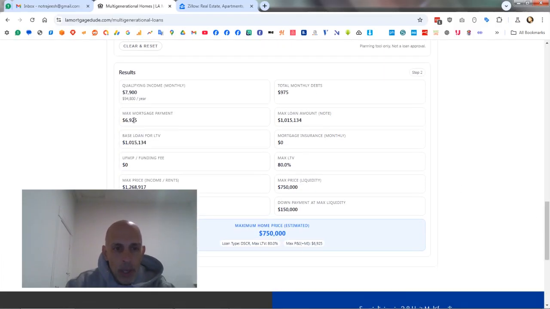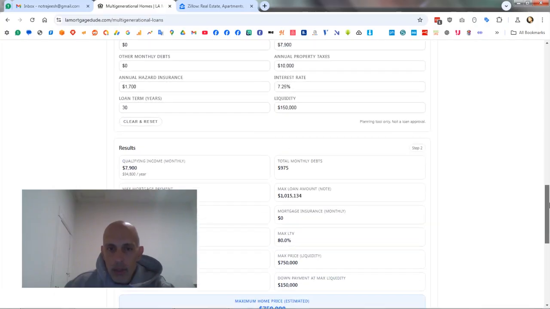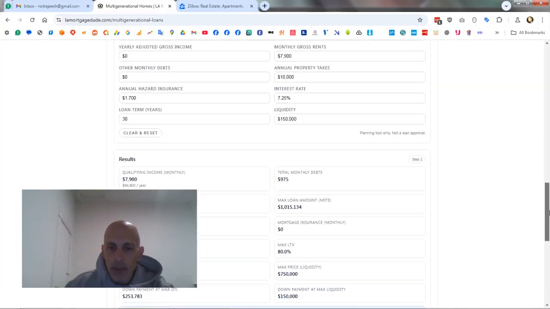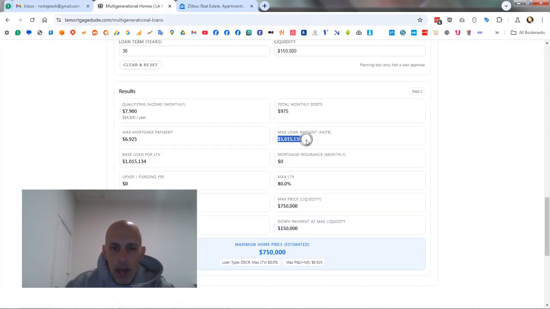This is the maximum mortgage payment you could afford. That means your principal and interest payments, because you have to add your total monthly debts here, which in this case are property taxes and insurance. With this payment at an interest rate of 7.25%, your maximum loan amount is actually $1,015,000. So this is your base loan amount.